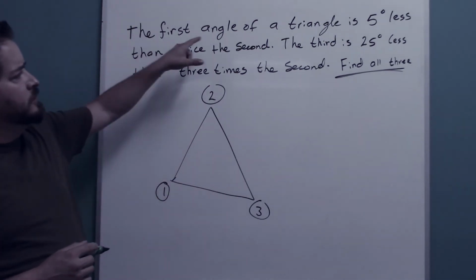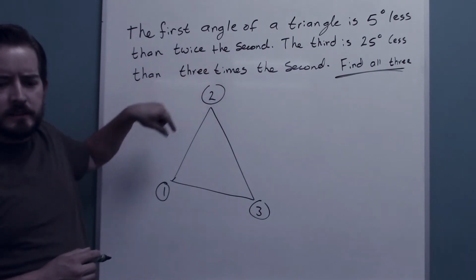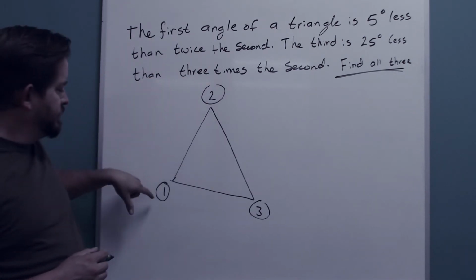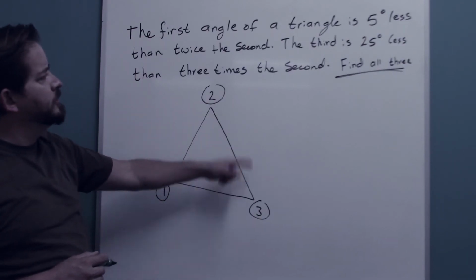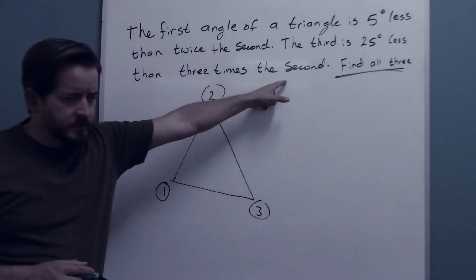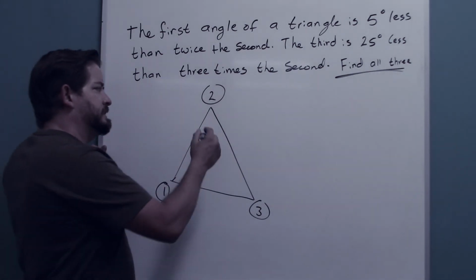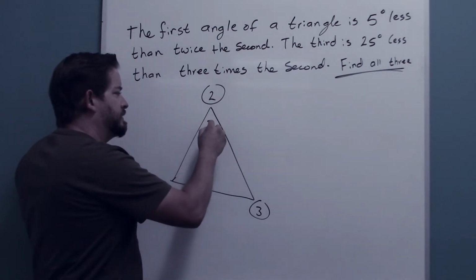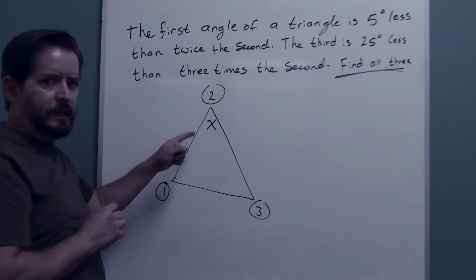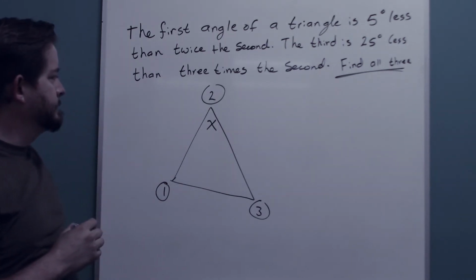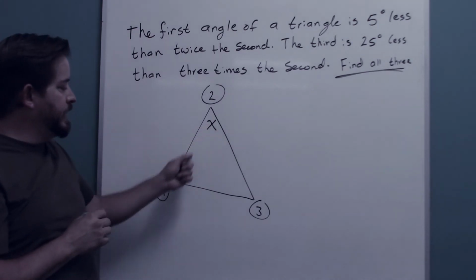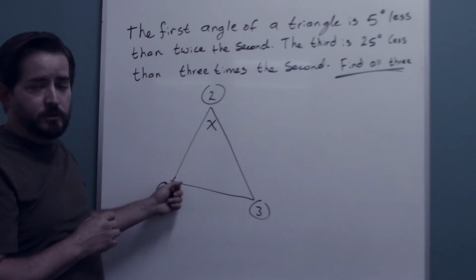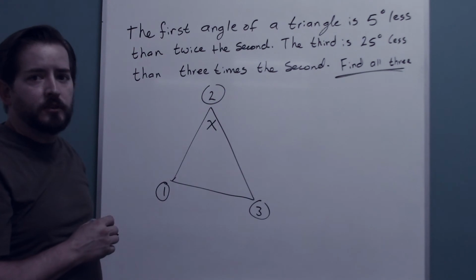Now, the first angle references the second angle, telling us a little bit about the first angle in relation to the second angle, and the third one does the same. The third one references the second angle, and because that is the case, I'm going to call my second angle the unknown, the x. Right? Because then I can create an expression using just x for the measure of angle 1, and I can do the same for the angle of measure 3.